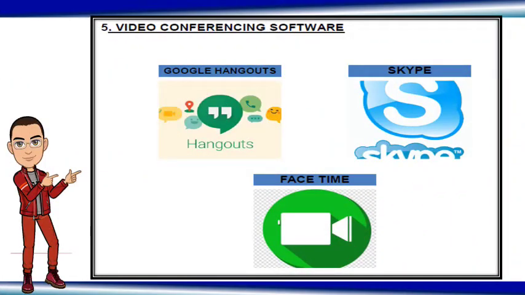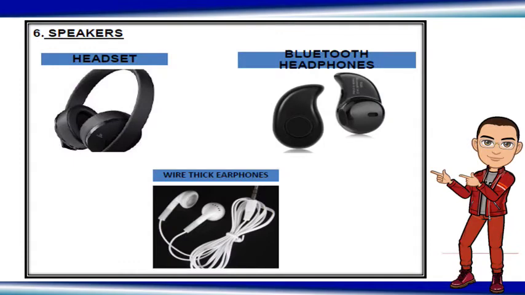Next, video conferencing software, we have Google Hangouts, Skype, and FaceTime. And we have speakers, headset, Bluetooth headphones, and wired thick earphones.